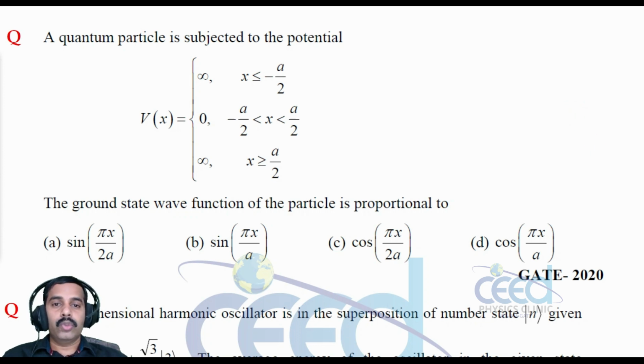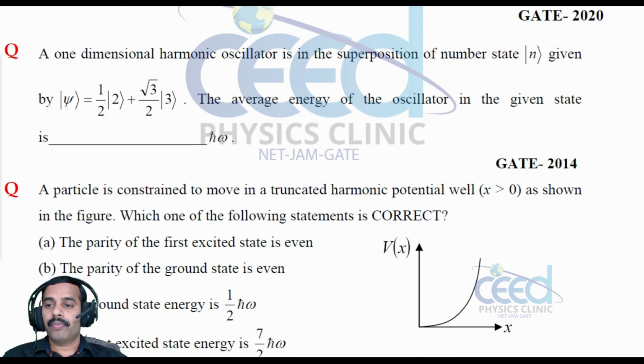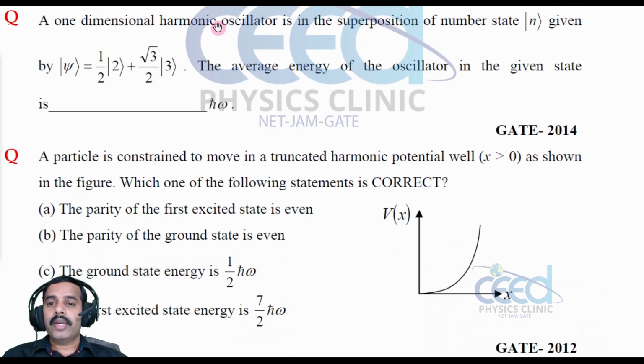Now let us come to another question. The question is, a one-dimensional harmonic oscillator is in the superposition of number states n given by psi is equal to 1 by 2 of state 2 plus root 3 by 2 of state 3.